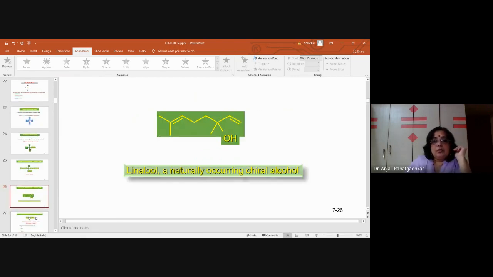Now the next molecule is the linalool molecule. Now this is, what we can say, a naturally occurring molecule. Now just identify the chiral center in this molecule.